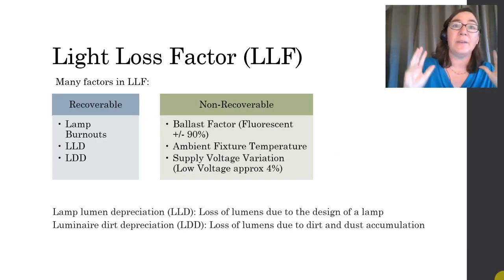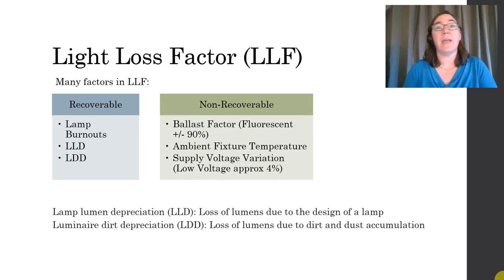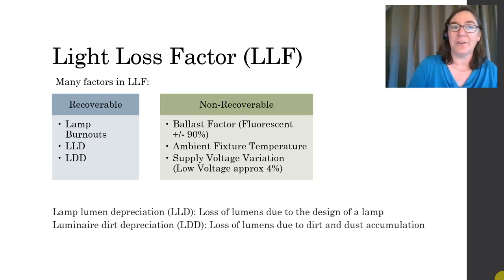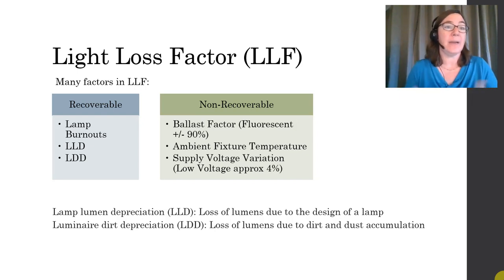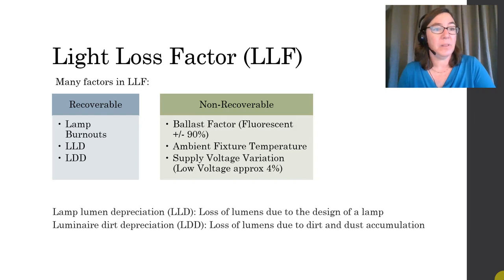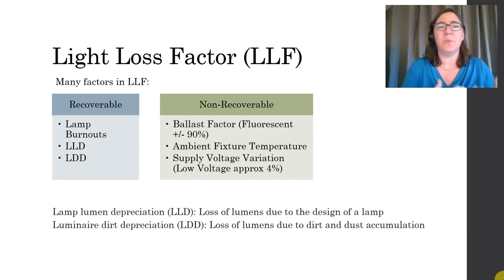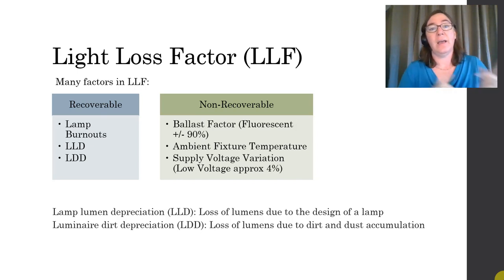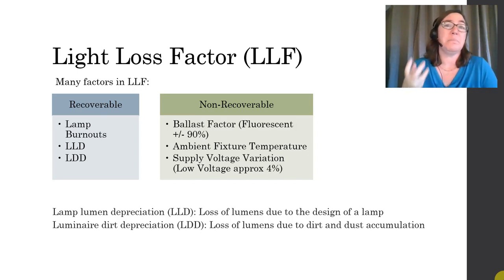Now you can dig even deeper and take a look at the different factors involved in the light loss factor. They're separated into two categories: recoverable and non-recoverable. Recoverable ones are ones that you can fix out in the field. Some maintenance person can fix that. Non-recoverable are ones that are really built into the system and they don't change over time.